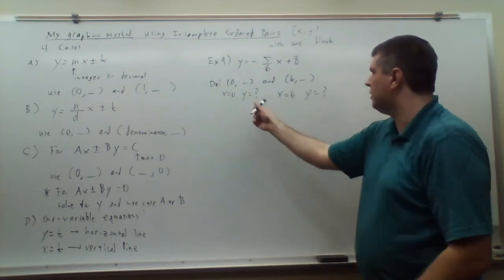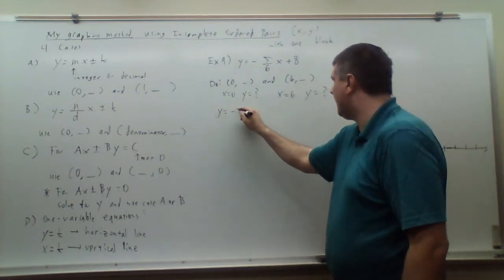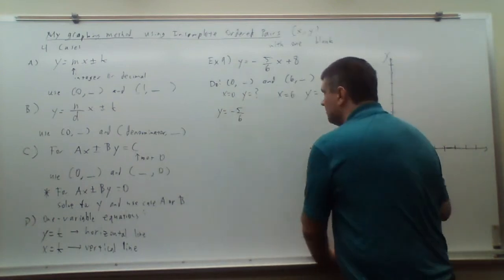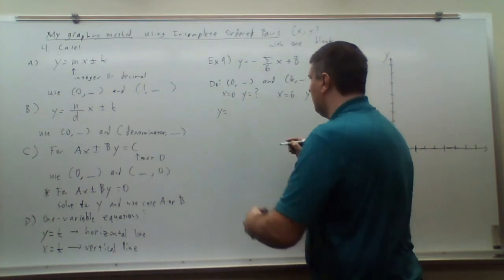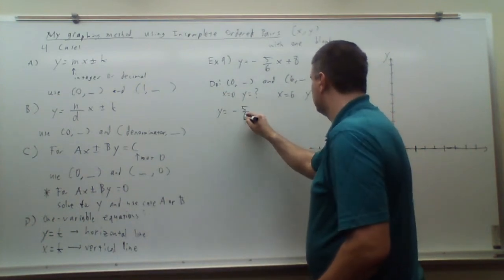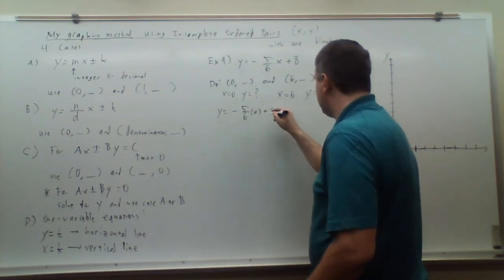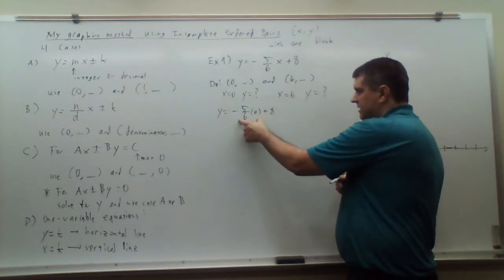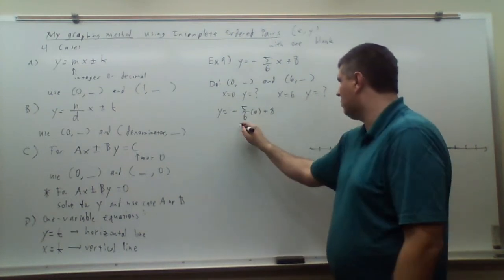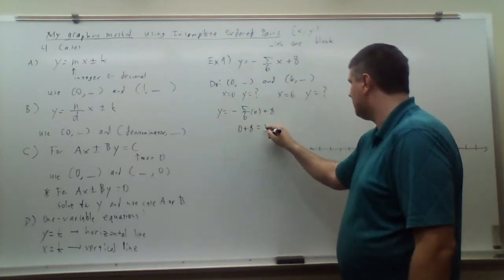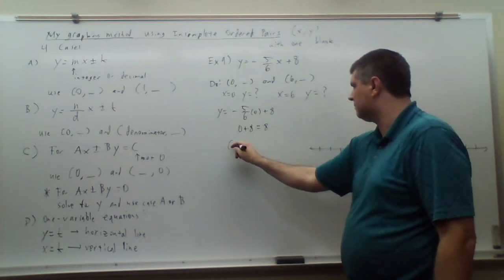Okay, so to do this one, y equals negative 5 sixths times 0 plus 8. Well, anything times 0 is 0. So negative 0 is 0. 0 plus 8 is 8. So we have 0, 8.